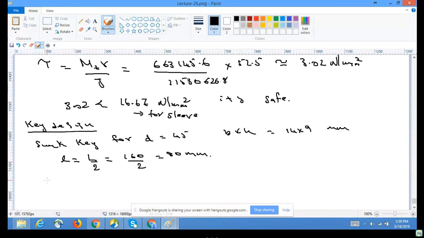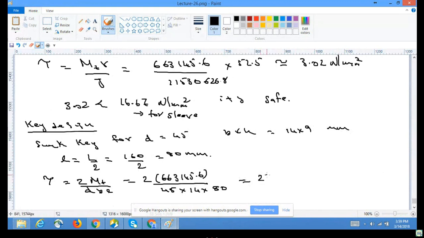It has to, as we previously solved, resist the shear stress, which is given as 2MT divided by d b l. So that is equals to 2 into 663,145.6 divided by 45 into 14 into 80, which is equals to 26.32, and it is less than tau allowable, which is 50 Newton per mm square. Hence it's okay. It is not failing through shear.